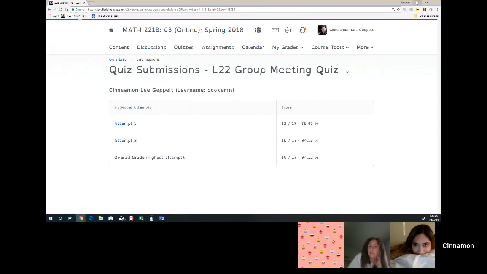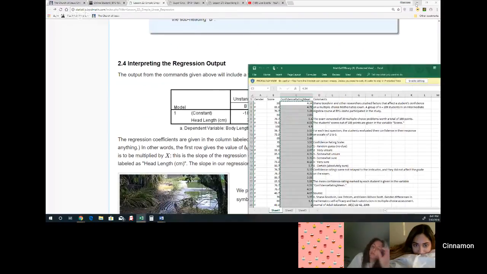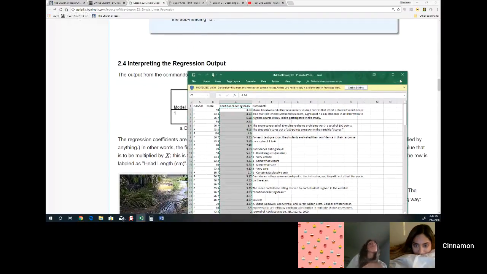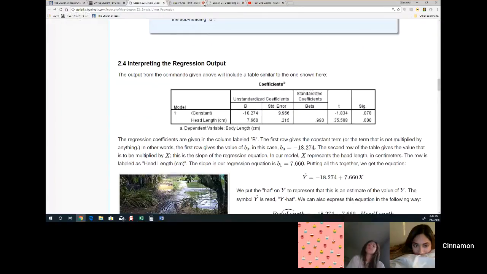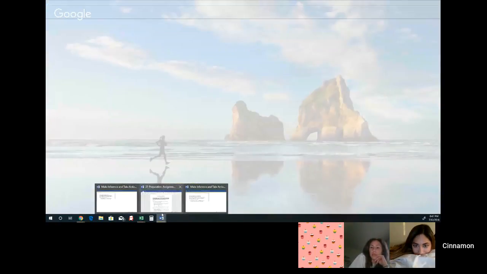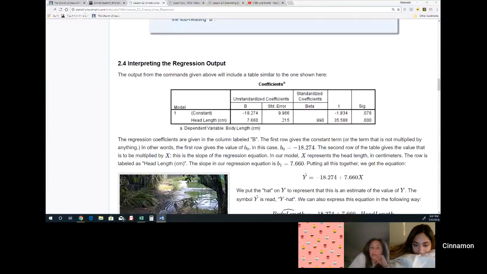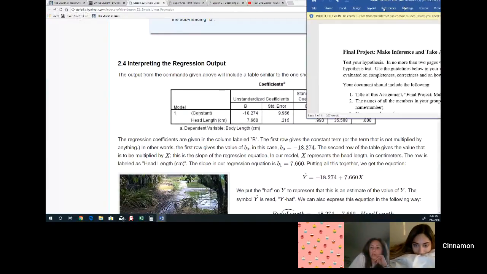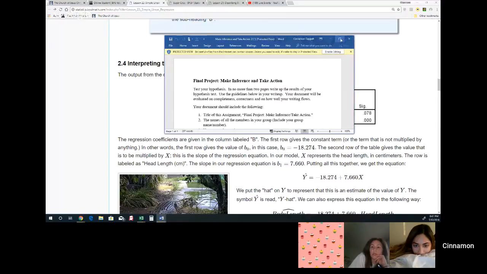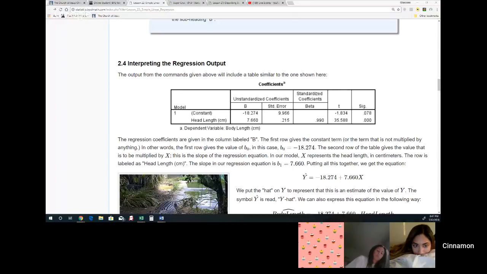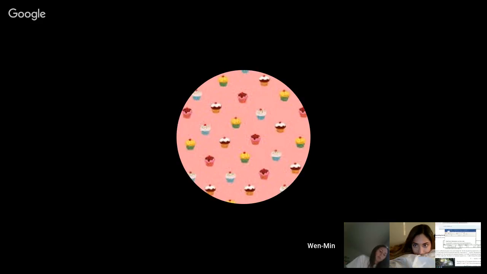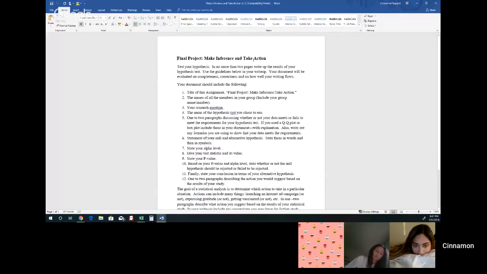Okay, so let's look at this. I have it down here. So this is the make inference. I'll pop it over to the Google Docs.